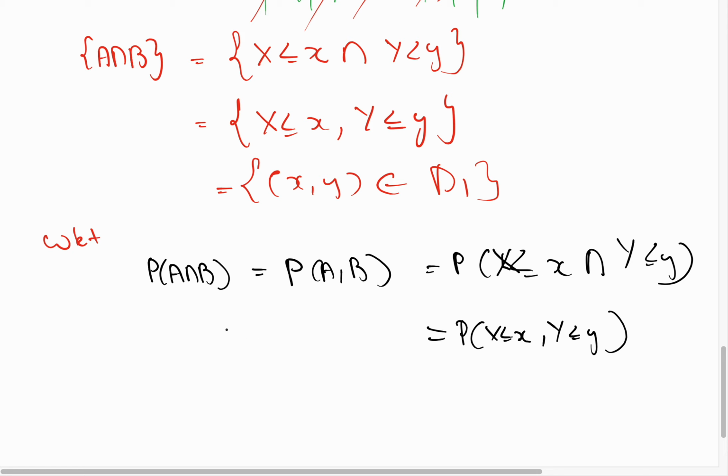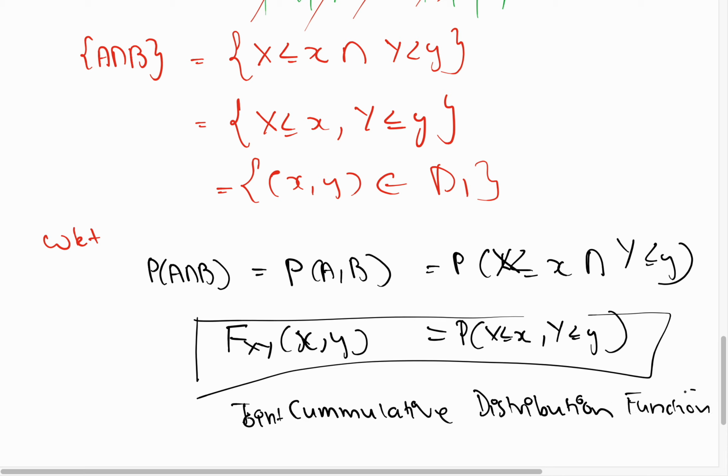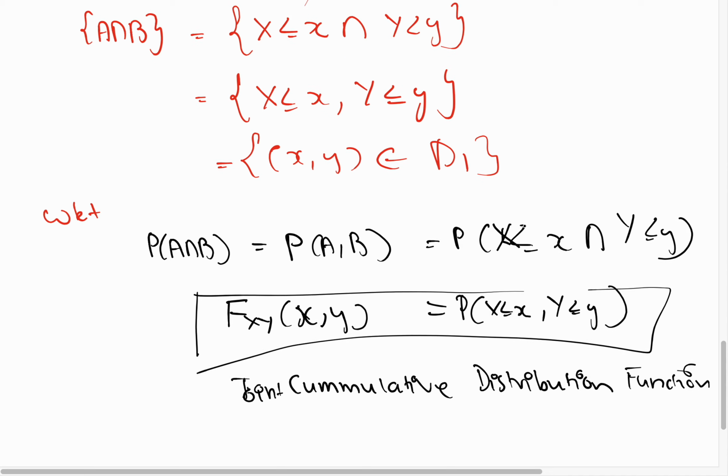This is nothing but our joint distribution function F of x comma y. At this point we are giving the definition of the joint cumulative distribution function.